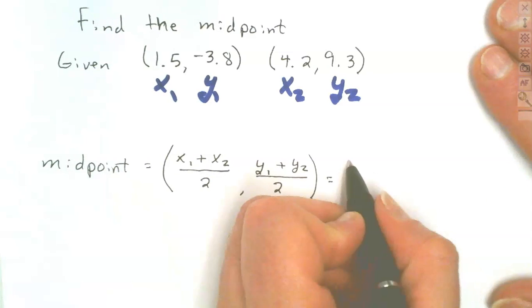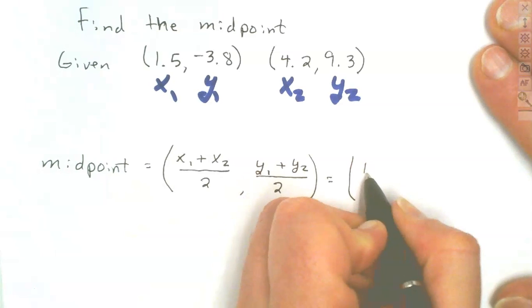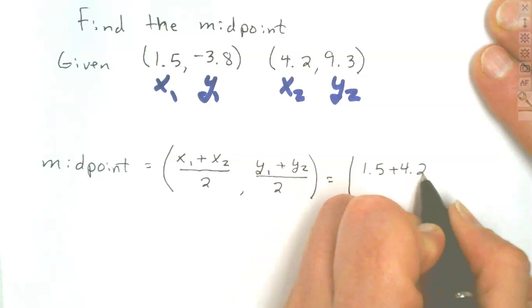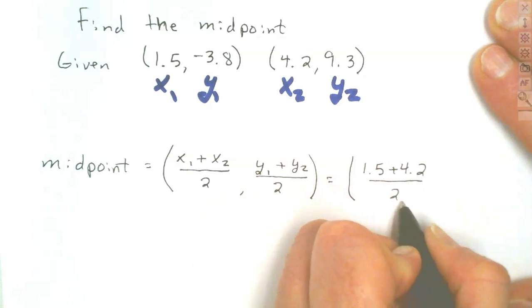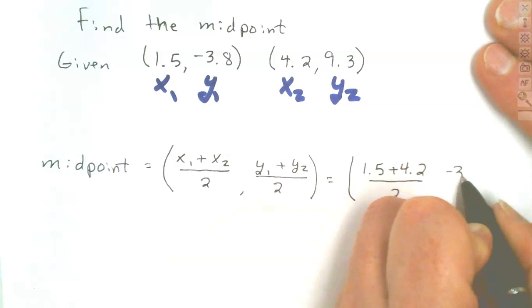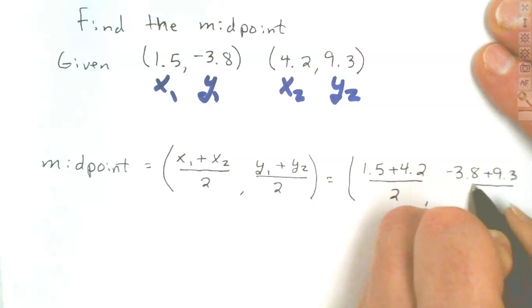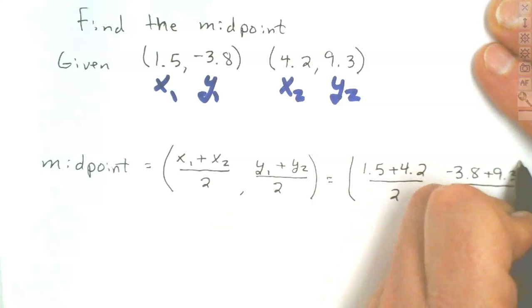So plugging in my values, I have 1.5 plus 4.2 over 2. And then I have a minus 3.8 plus 9.3 over 2.